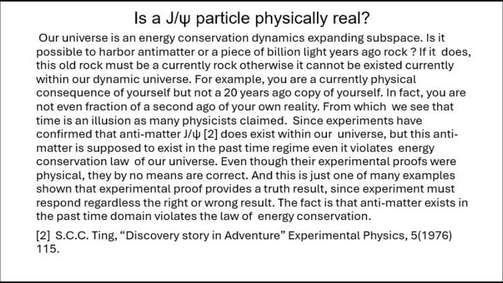From which we see that time is an illusion, as many physicists claimed. Since experiments have confirmed that antimatter J/psi does not exist within our universe, reference 2, but this antimatter is supposed to exist in the past time regime, even though it violates energy conservation laws of our universe.